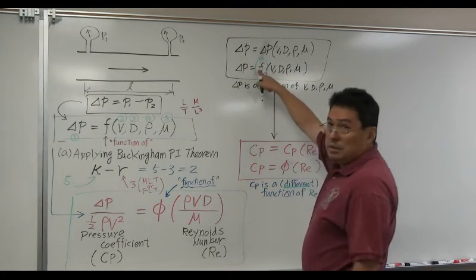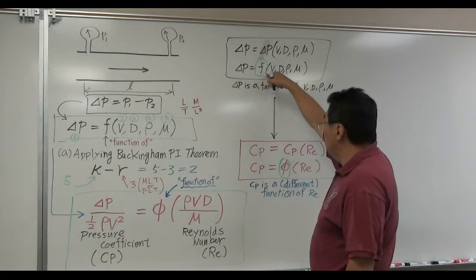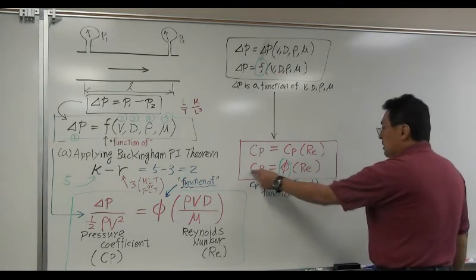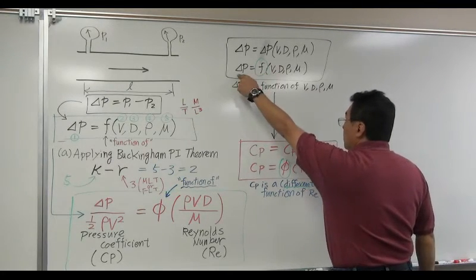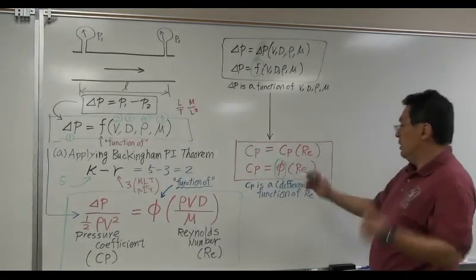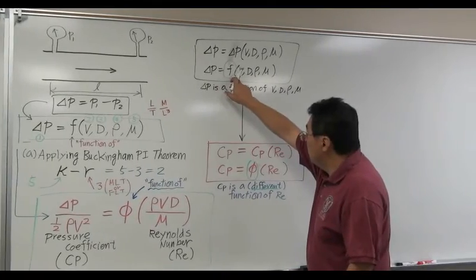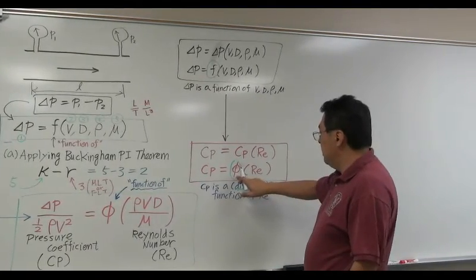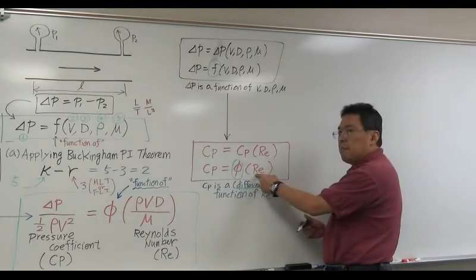I'm not using this f here. I'm using phi instead of f. Why is that? Because Cp is a function of Reynolds number, but the functional relationship between delta P and those, and Cp and Reynolds number, will be a different function. That's why I'm trying to avoid using f here. This phi represents Cp depends on Reynolds number.